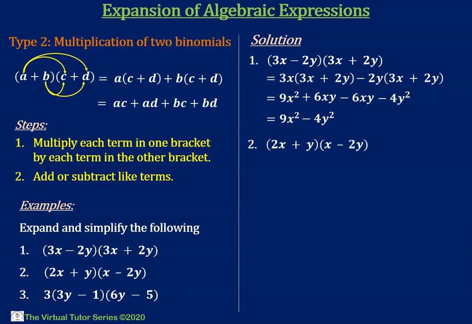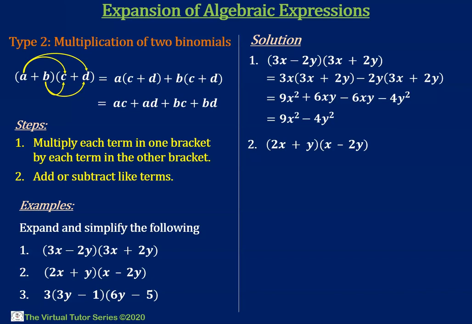Example 2: (2x + y)(x - 2y). Step 1: Let's distribute 2x and y over x minus 2y.